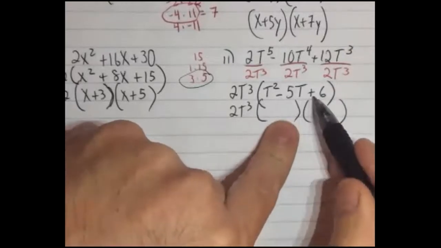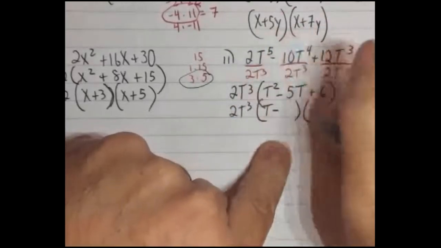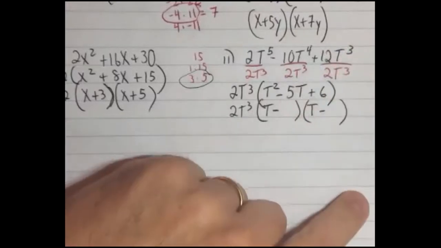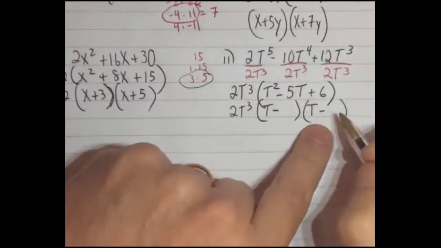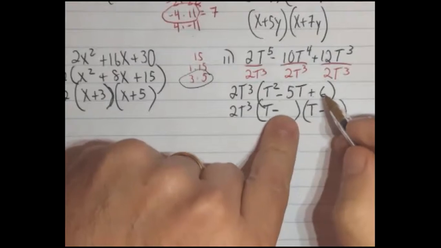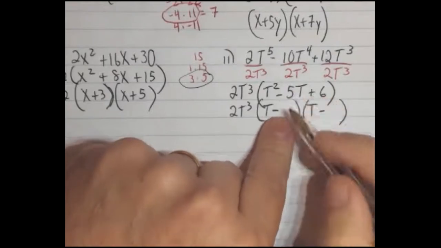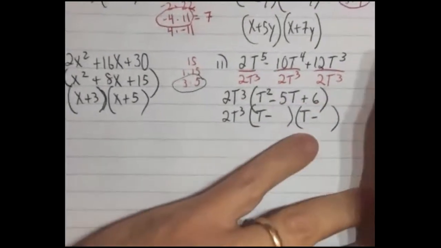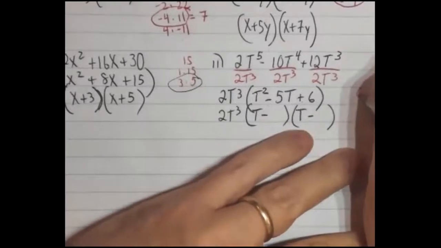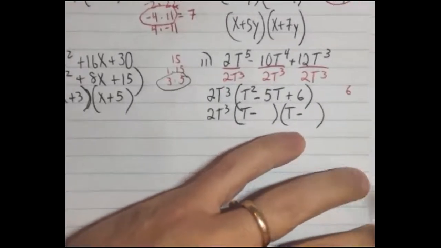See a minus there, but a positive there. What that tells me is both of these are going to be negative. It needs to be two negative numbers that multiply to give me a positive value, but when I add them together, they give me a negative value. So think of 6. They both got to be negative.